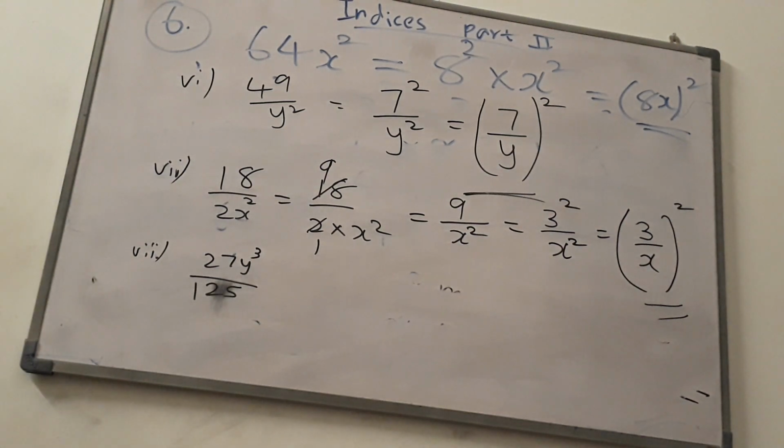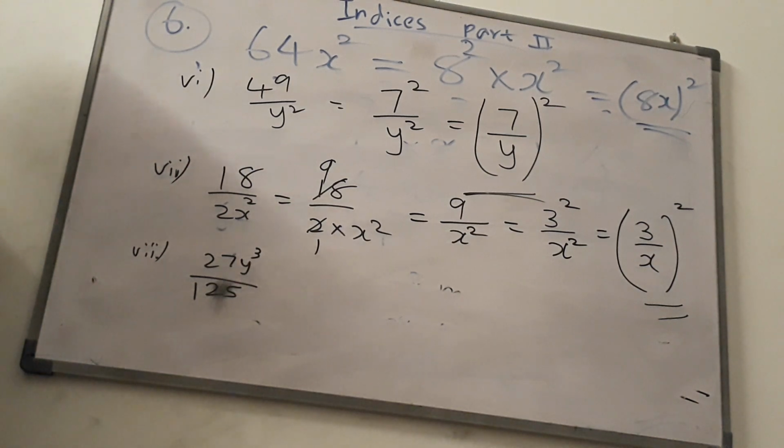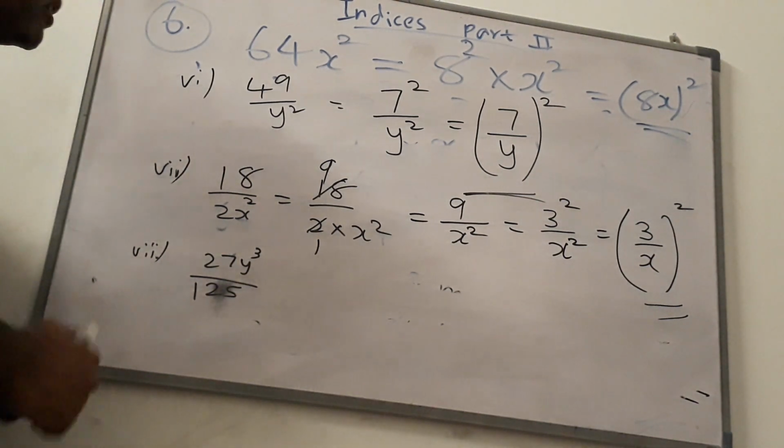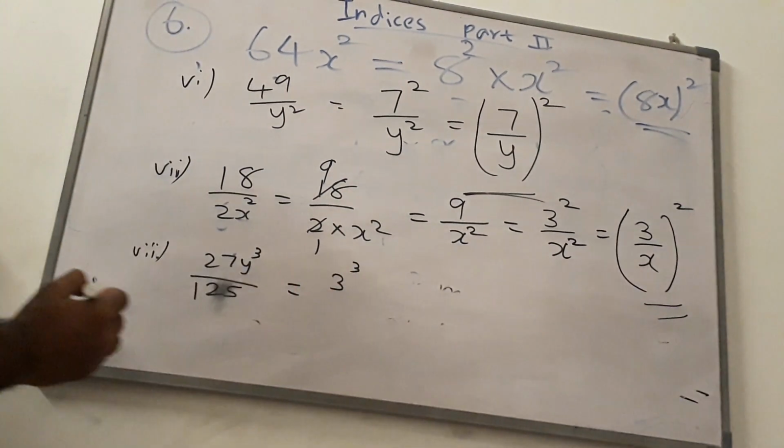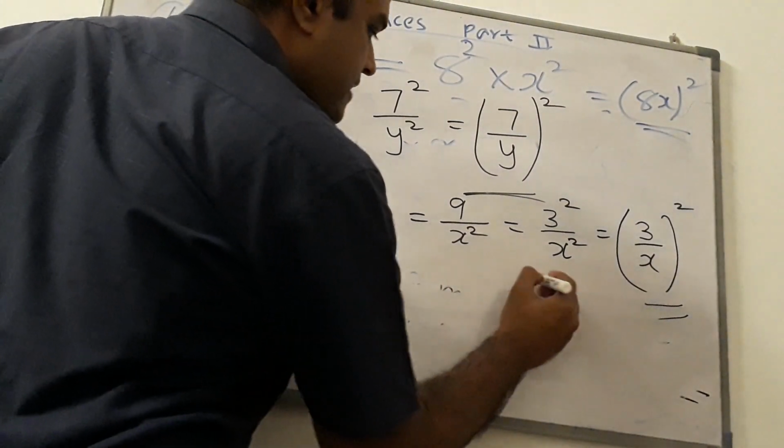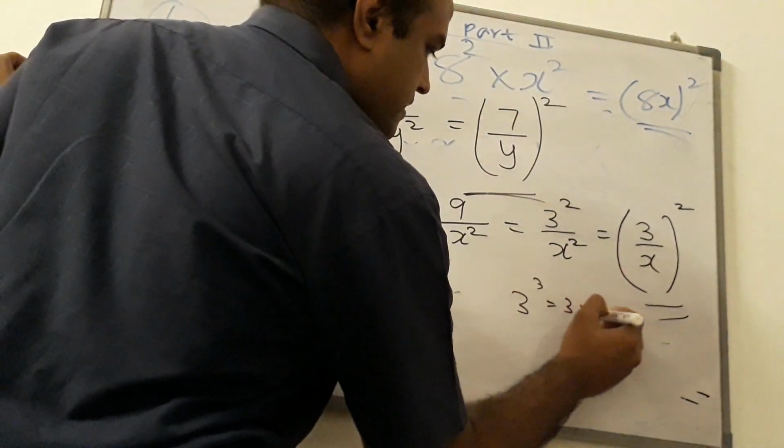I gave you a table on powers a couple of sessions back, maybe 2 or 3 weeks before. So I am going to write 27 as 3 to the power 3. 3 to the power 3 means 3 times 3 times 3, which is equal to 27.